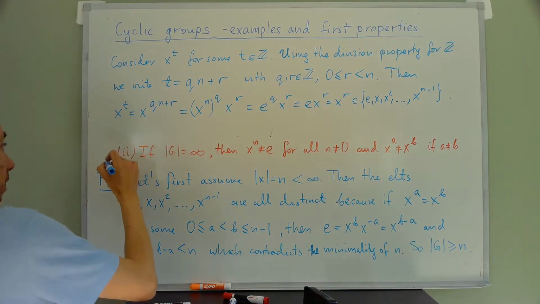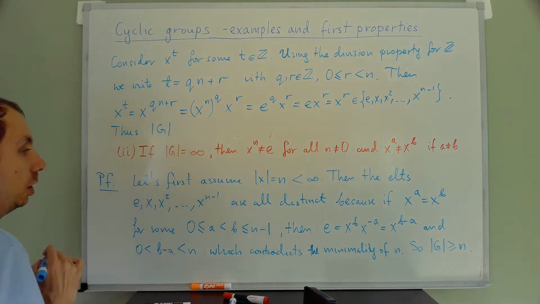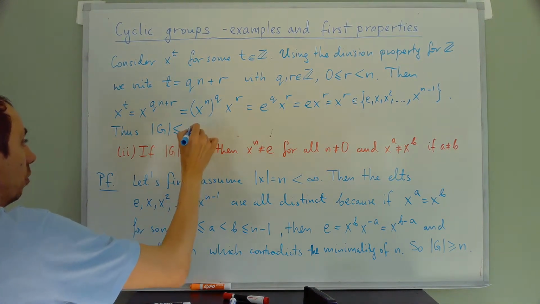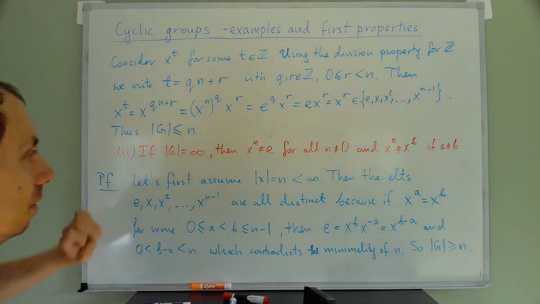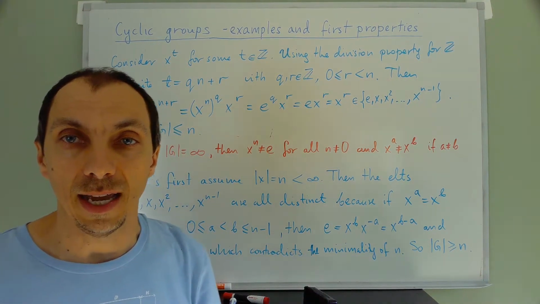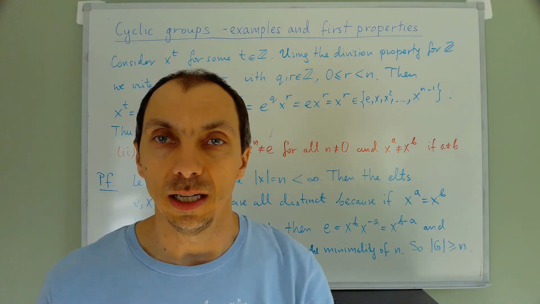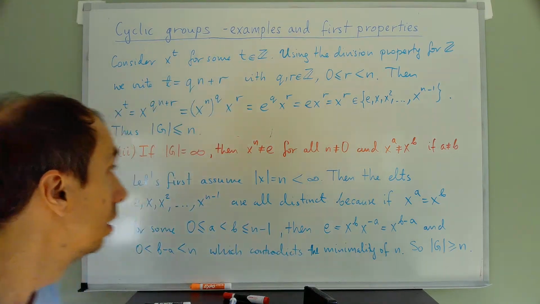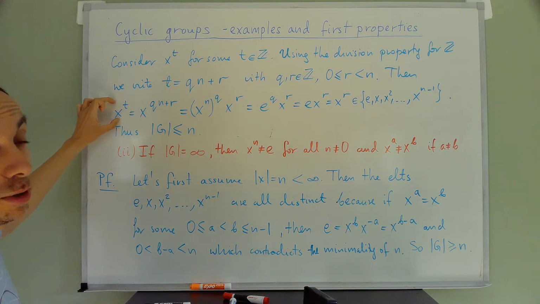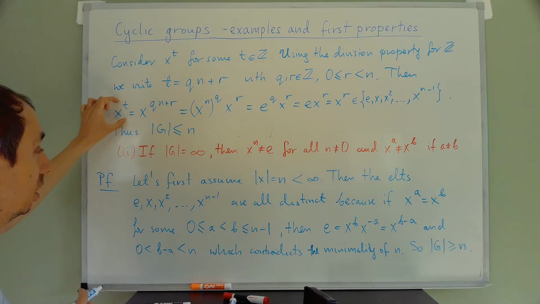Thus, the order of G is less than or equal to n. How do I know that? Okay, so G is cyclic. That's our assumption. And x is the generator of G. So every element in G is a power of x. I took an arbitrary power of x here. T was completely arbitrary. And what did I get?